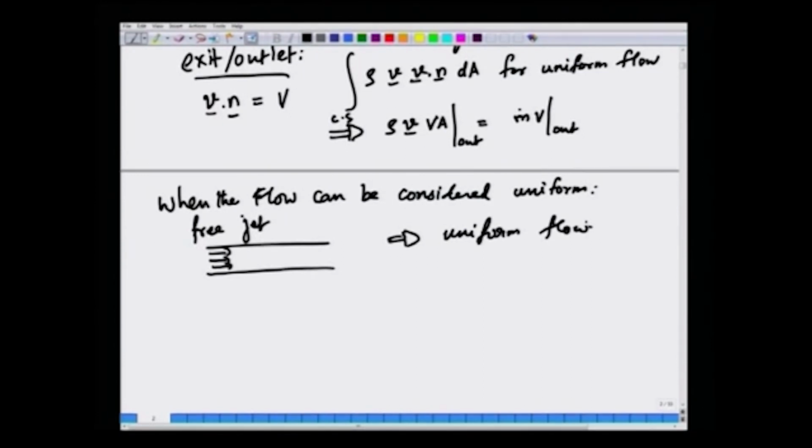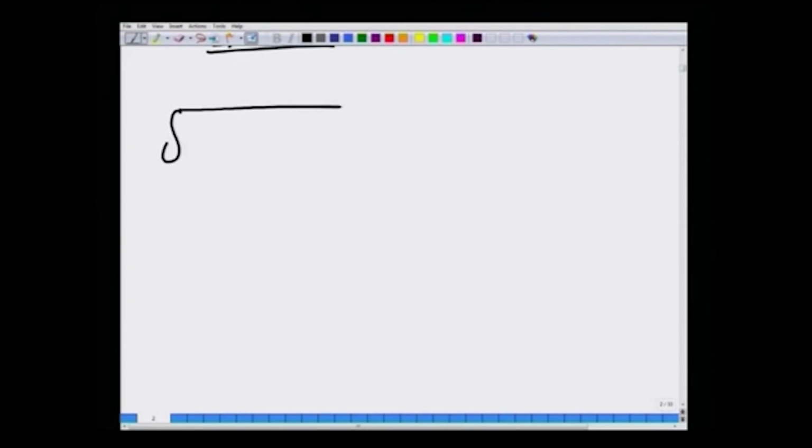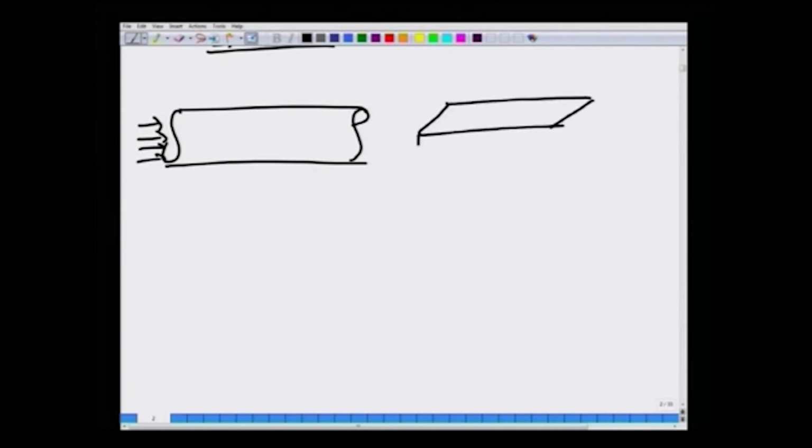But in many engineering applications, as we will see further in the course, you have flow within a pipe or within a channel, a rectangular channel, surrounded by rigid boundaries.